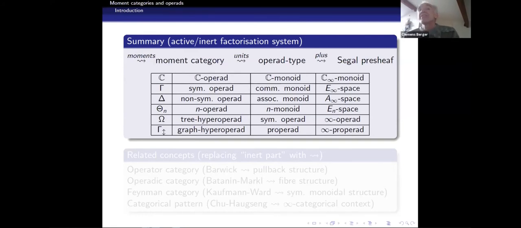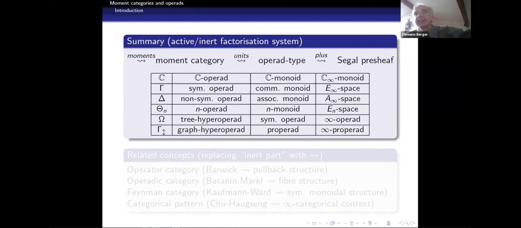The terminal non-symmetric operad has as algebras associative monoids. The terminal n-operad will have as algebras n-monoids. But these are monoids with n monoidal structures which distribute mutually. So for n bigger or equal to 2, these are just commutative monoids again.